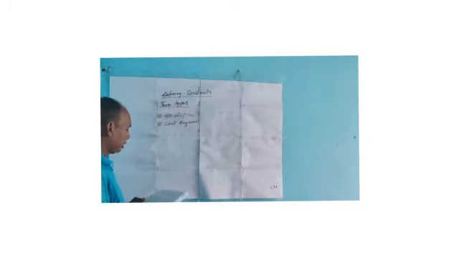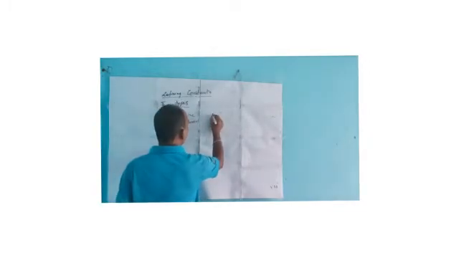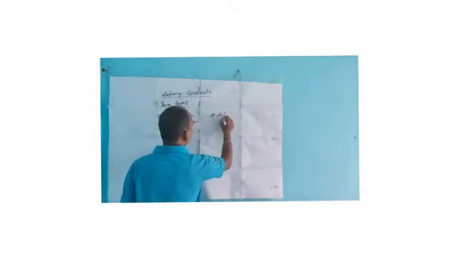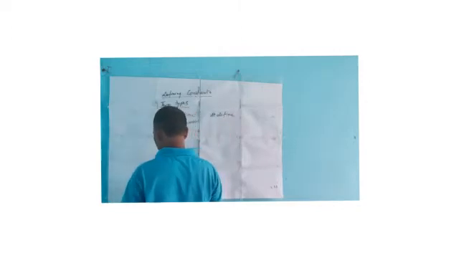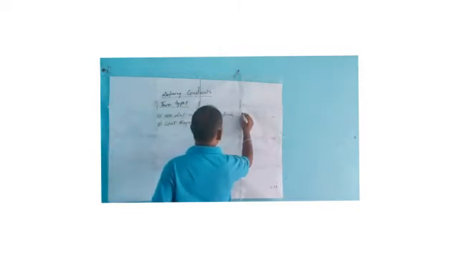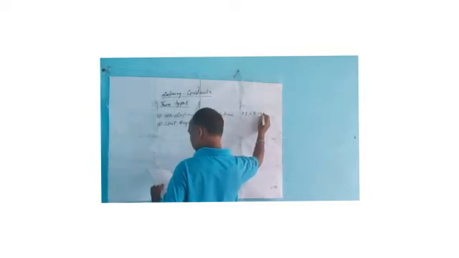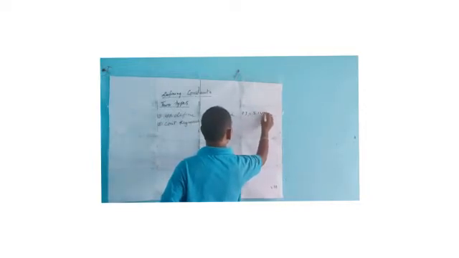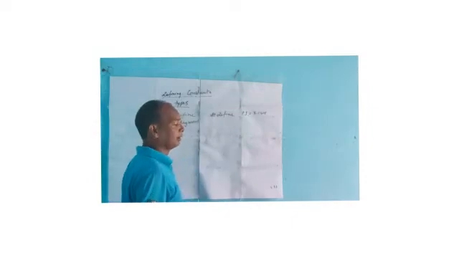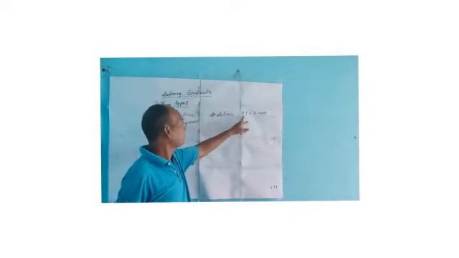First, about defining constants, you see #define pi equals to 3.1415. Here the value of pi is defined.